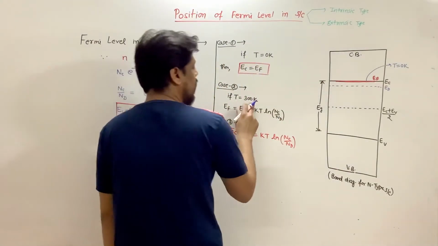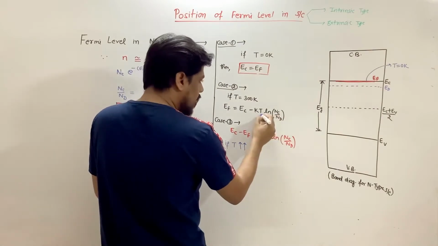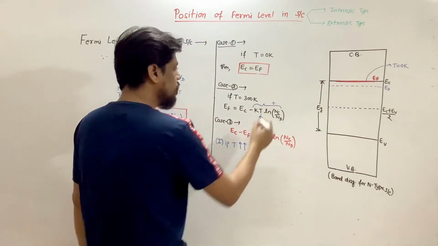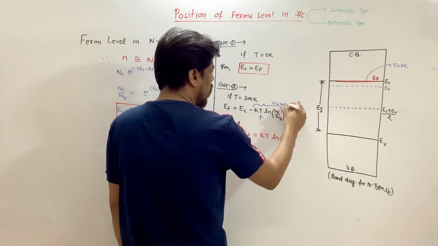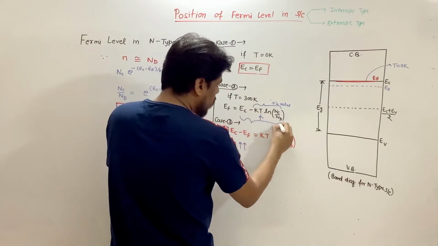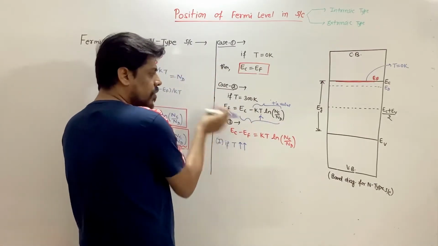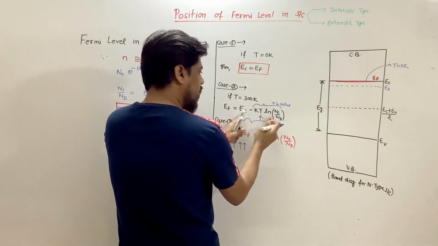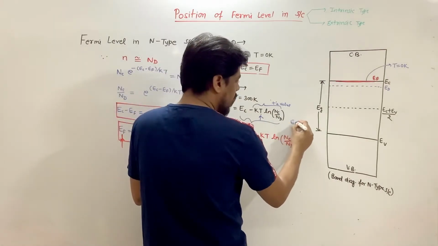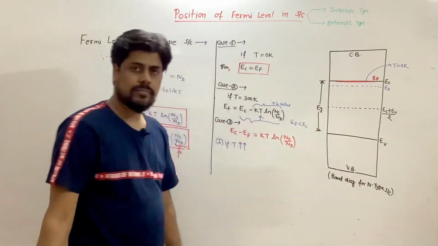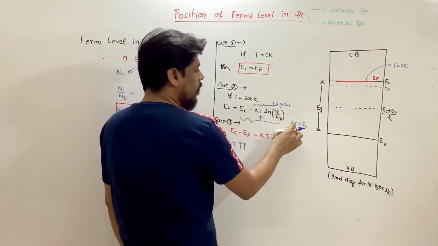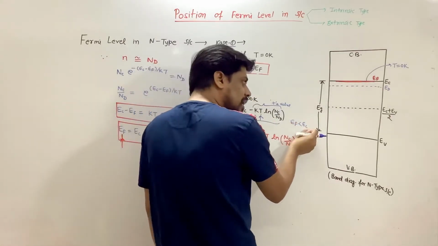At 300 Kelvin, this factor has some positive value, small but positive, and we are subtracting it from Ec, so the value becomes lower. Ef is the difference between Ec and this positive value, so Ef is less than Ec.